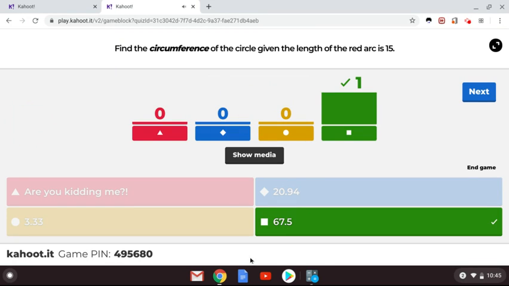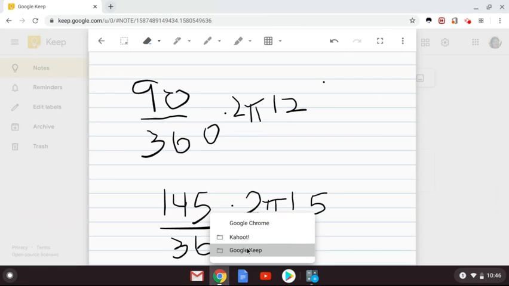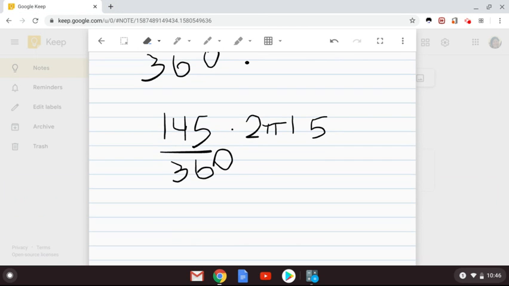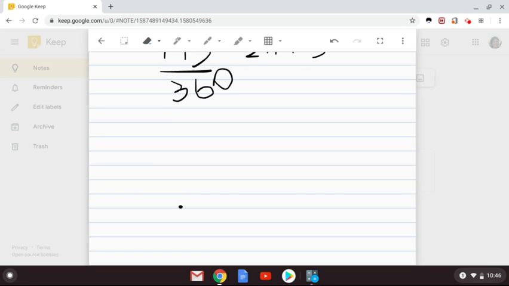Let me just show you quickly what I did. They said the circumference of the circle given the length. What I did for this, I'm still using this formula. However, normally the length here is what I'm looking for. That's what I was doing in these other examples before.